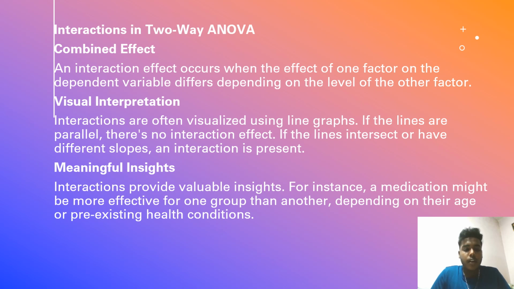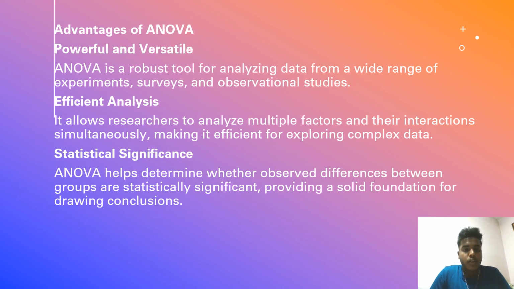Meaningful insights. Interactions provide valuable insights. For instance, a medication might be more effective for one group than another, depending on their age or pre-existing health conditions. Advantages of ANOVA. Powerful and versatile.